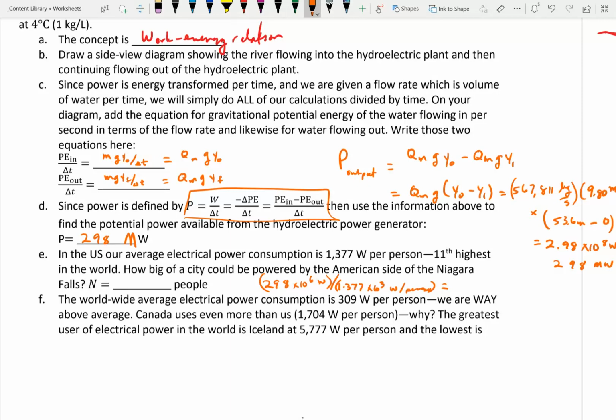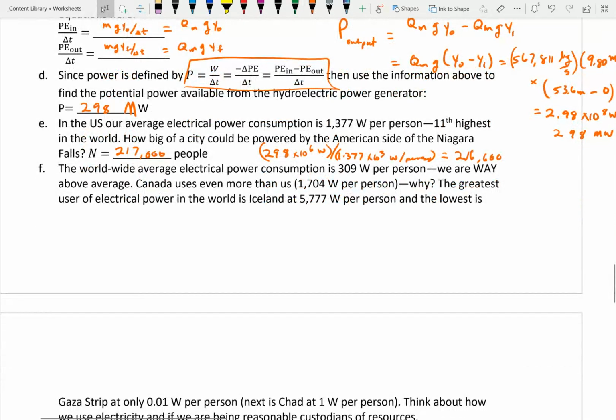And that gives me 216,600 people, or rounding to correct sig figs here, 217,000 people. Now, in actuality, of course, they would divert that water back to the higher power plant. They would get more energy out of it. But it gives you a good rule of thumb for putting in a power plant.